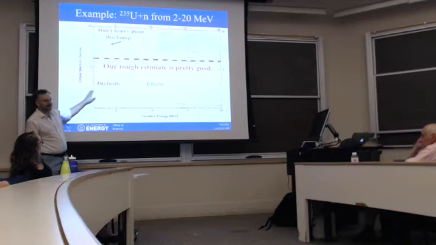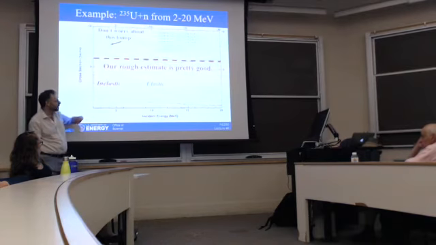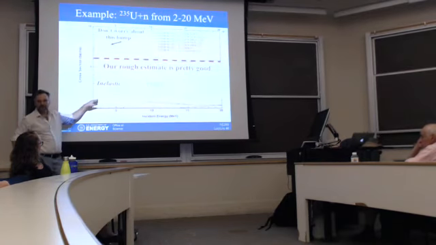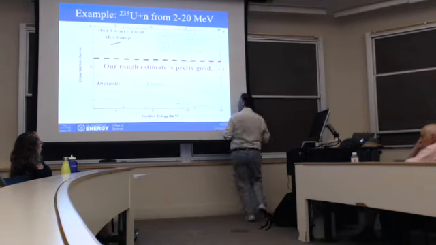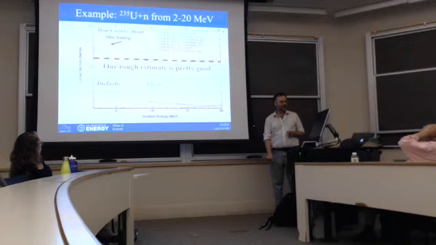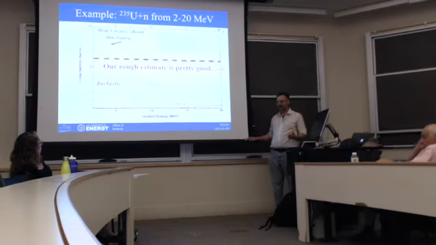Then there's inelastic. That is competitive in this low energy region, but it begins to dive off. Here's fission. If I go all the way out here to 20 MeV, by the way, for obscure reasons, most nuclear data stops at about 20 MeV.